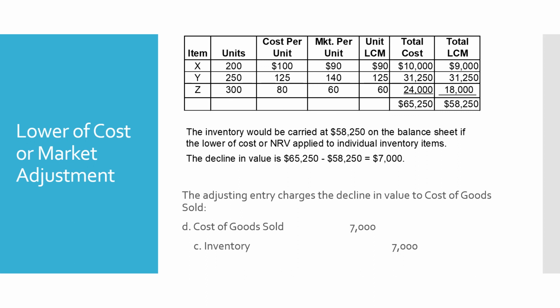So that's not great matching. Cost of goods sold should be the cost of the units that we sold, and in fact this is a decline in value for the units that we didn't sell. If it is a material amount, you would charge it to a loss account, but typically you're just going to charge it to cost of goods sold.